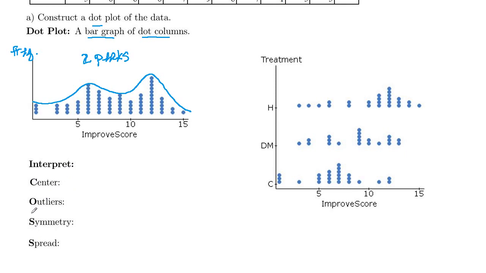What is the center? What are the outliers? What is the symmetry? And what is the spread of the data? First of all, the center of the data. We haven't talked formally about what we mean by center, but we could try to find the middle value where there's the same amount below as above.